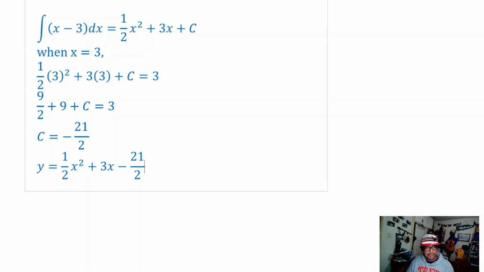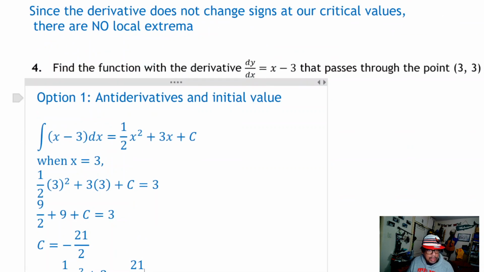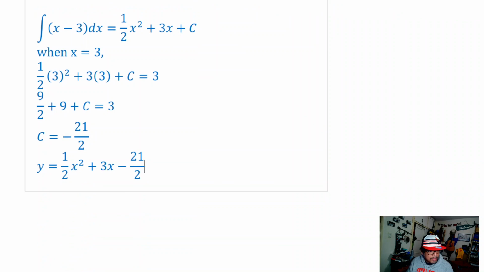Remember, the solution to this differential equation is not the value of c, it is the function for y. That's option 1 for solving this. And again, like I said earlier, this is probably the way I would have done this when I was in high school.